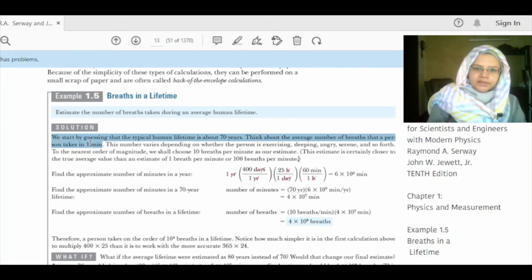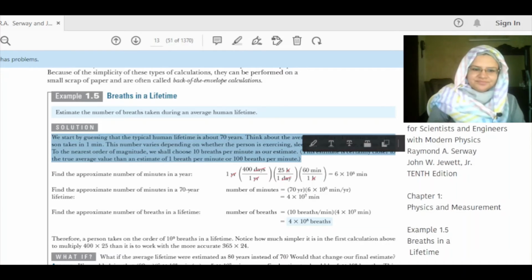These numbers vary depending on whether the person is exercising, sleeping, angry, serene, and so forth. To the nearest order of magnitude, we shall choose 10 breaths per minute as our estimate. This estimate is certainly closer to the true average value than an estimate of 1 breath per minute or 100 breaths per minute.